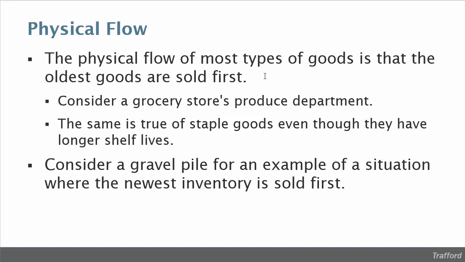Of course, there's going to be the people who come in and always pick their milk from the very back of the case to make sure that they're getting the freshest milk possible. And that's why we're saying that's generally how a company is going to try to sell their goods. And honestly, that's even true in something like a hardware store. A hammer doesn't expire.